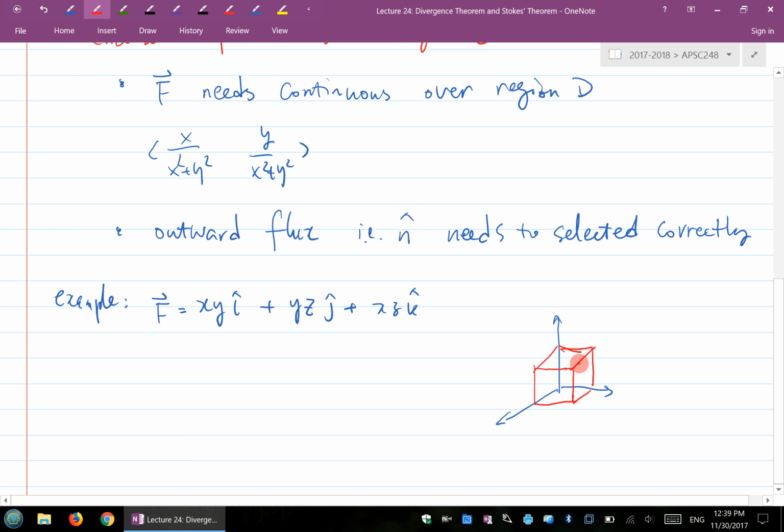And the cube is the surface here, so surface S is the 6 sides of the cube.